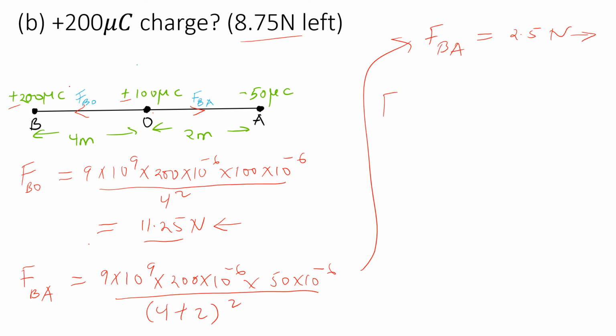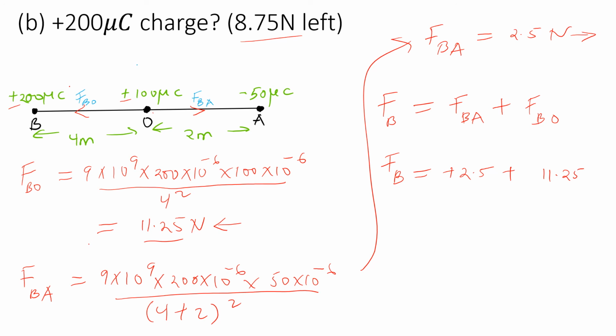Then that means to get the net force on B, it's going to be the summation of those two forces, F on B due to A plus F on B due to O. For F on B due to A, we have got 2.5. Since it is going to the right, we shall give it a positive sign, 2.5 plus. Then F on B due to O, it is 11.25.